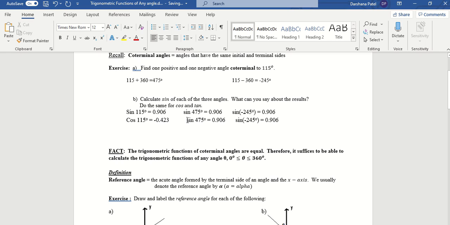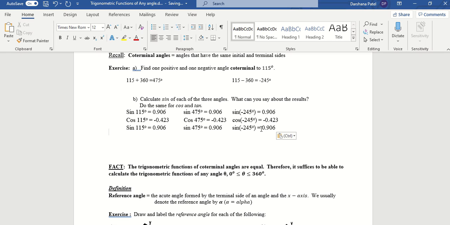Then let's find the value of cos 475 degrees, and that also we get negative 0.423. And lastly, cos of negative 245 degrees, and the value we get is negative 0.423. So same values for all three.